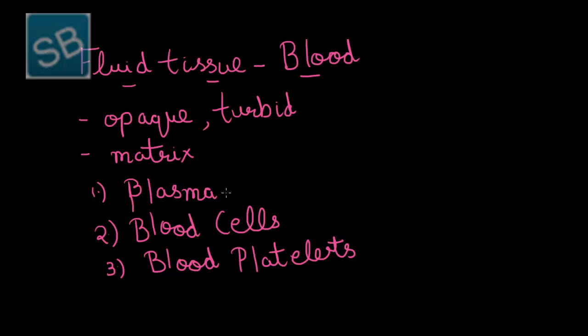Blood plasma is basically the fluid part of the blood. Blood cells include WBCs and RBCs, which are the cellular parts and secrete the matrix. And blood platelets are the cytoplasm part of the fluid. Let us understand all the three along with their classification.